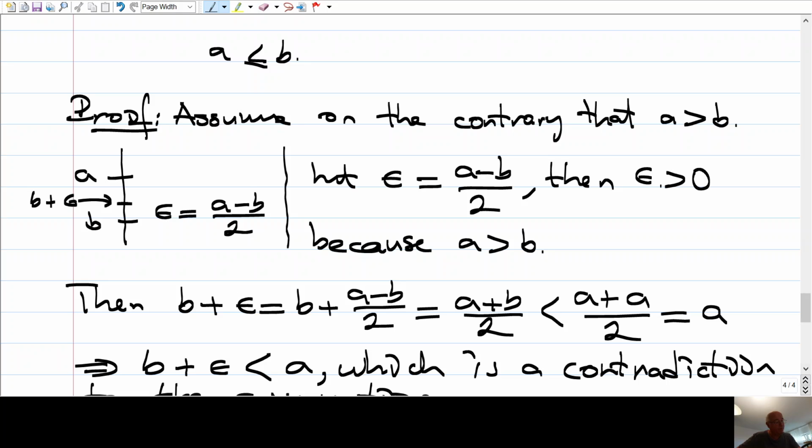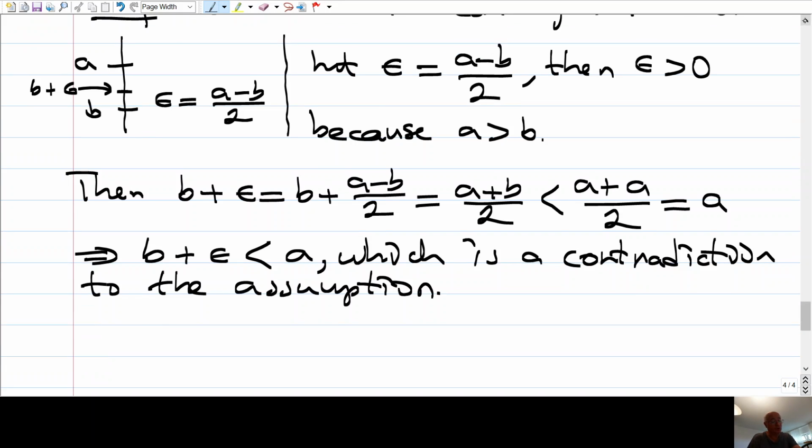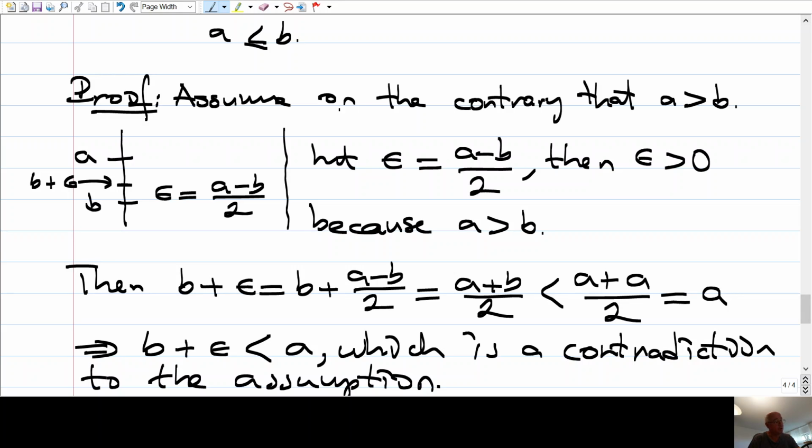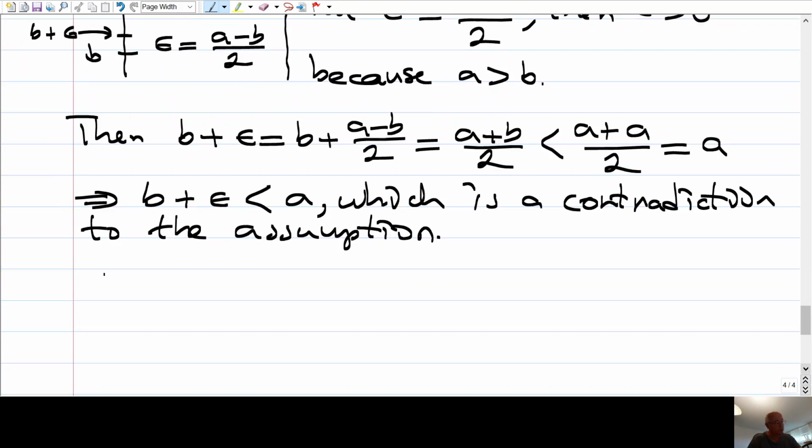But I found an epsilon which is positive, but this time B plus epsilon is less than A. This is a contradiction. And why did we arrive at this contradiction? Well, we arrived at this contradiction because we assumed that A is greater than B. So this assumption is wrong, because it led us to a contradiction.